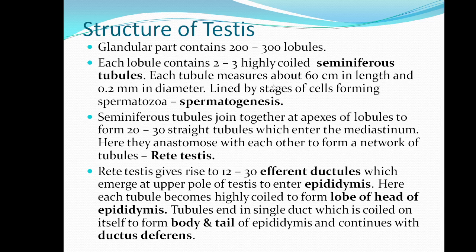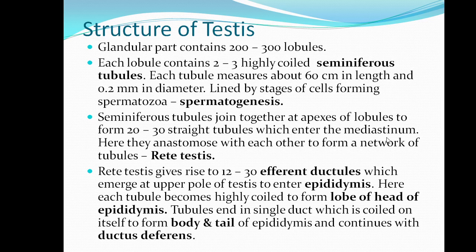Each tubule measures about 60 centimeters in length and 0.2 millimeter in diameter. It is lined by stages of cells forming spermatozoa, and this process of formation of the spermatozoa is known as spermatogenesis.